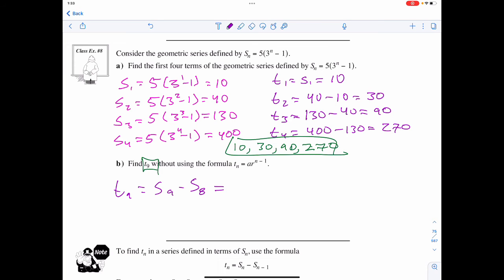And given the formula I was given, that would be 5 times 3 to the power of 9 minus 1, subtract from that 5 times 3 to the power of 8 minus 1. And I can solve right away that that term is going to be 65,610.